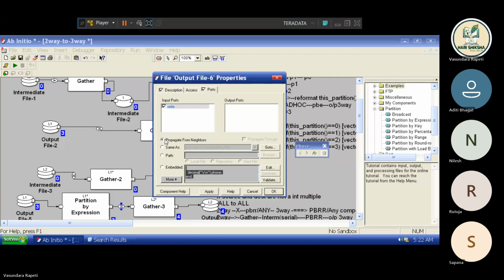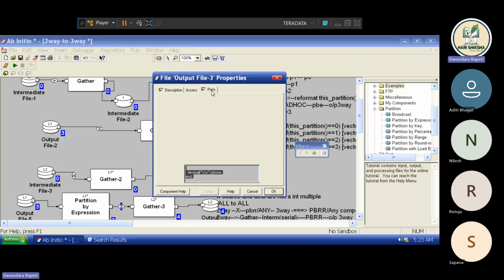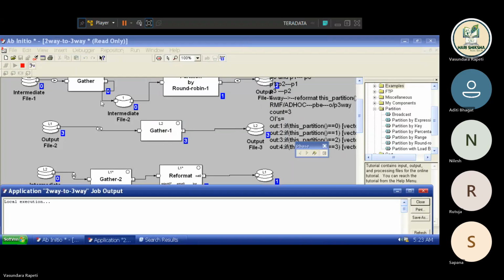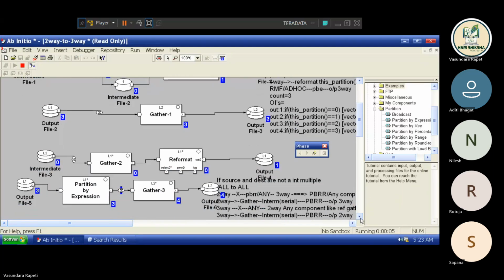Right, now it is proper. So let me run the graph now. Partition by expression, three-way to two-way. This is also working. Three-way to two-way, then also.